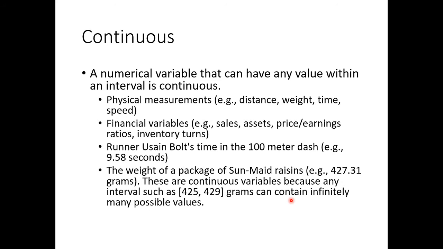But continuous data is a little different. Continuous data is a numerical variable that can have any value within an interval. For example, physical measurements. Imagine weight. A student who weighs between 100 pounds and 200 pounds.